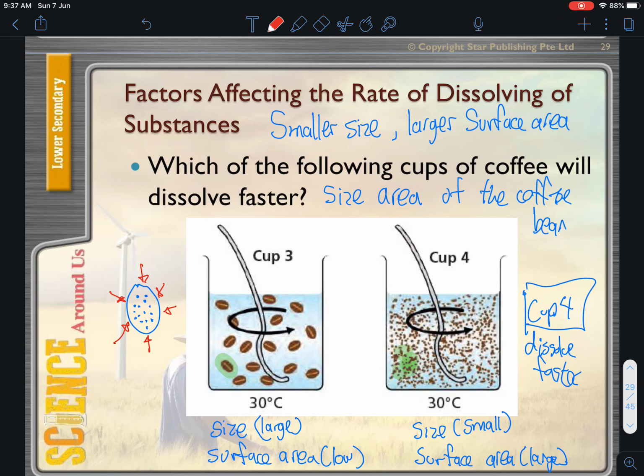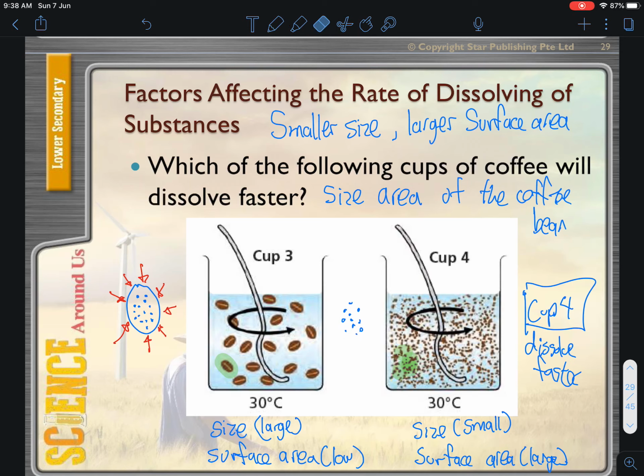The only thing that is exposed is the outer surface. As compared to, let's say, in cup 4, you use the exact same bean, and then what happened is you crush it into smaller pieces.